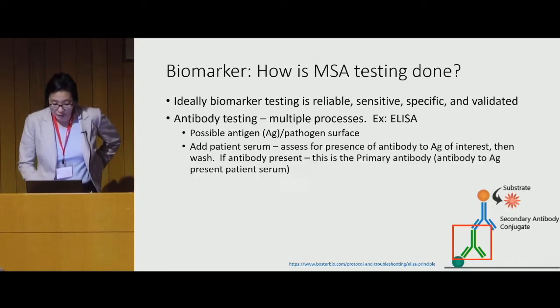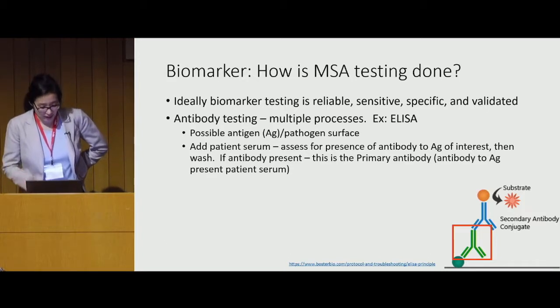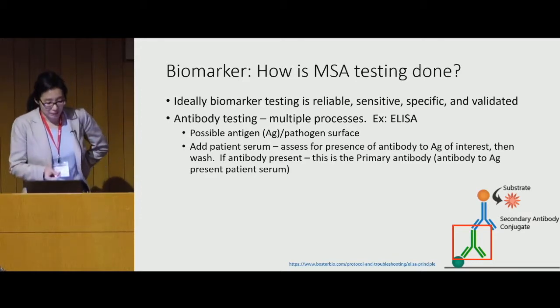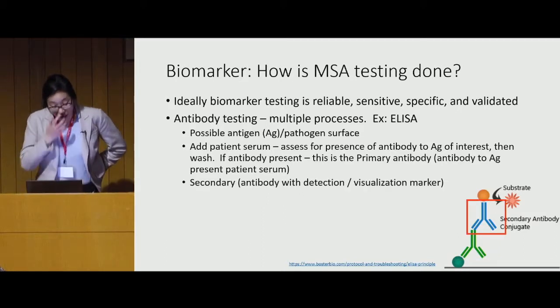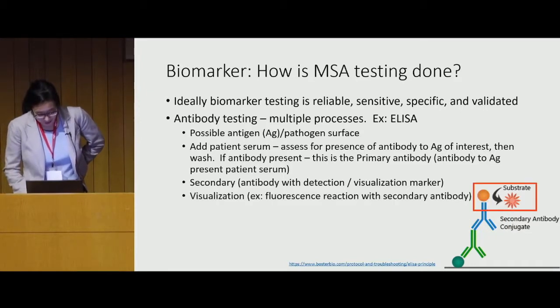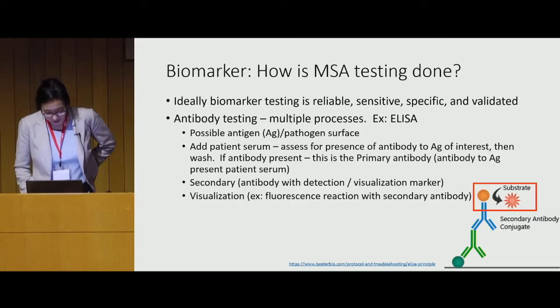And if we added some of a patient's serum, we wanted to check, do you have an antibody to this antigen? So we'd have, for example, the TIF1 antigen attached. We'd add some of your patient's serum and see if they have an antibody that attaches. We'd add a secondary antibody to check for that antibody, and then we'd have a way to try and visualize if that antibody was there.